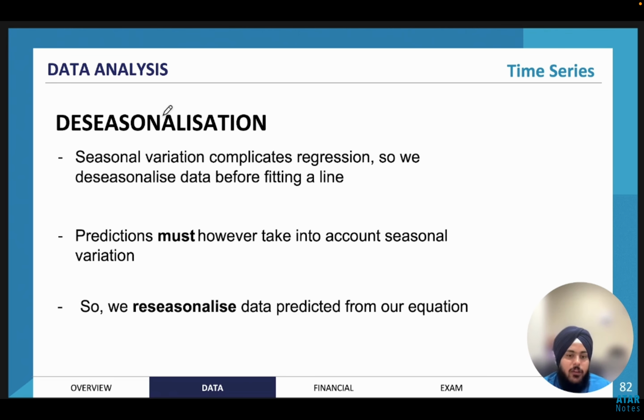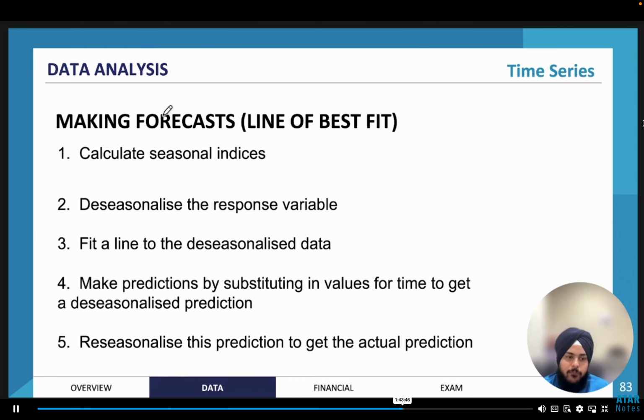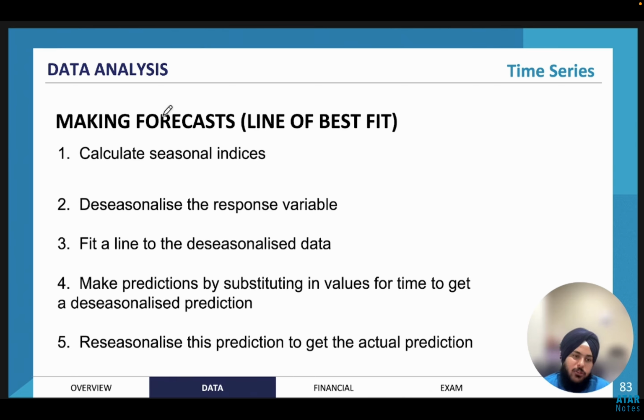From there, you can construct a model, which is called forecasting in this case. First step, calculate seasonal indices for all the different seasons, which in an exam scenario will usually be given to you. Next step, calculate the deseasonalized values for each of the seasons or months or weeks. Next step is to fit a linear regression line, like what we've looked at before.